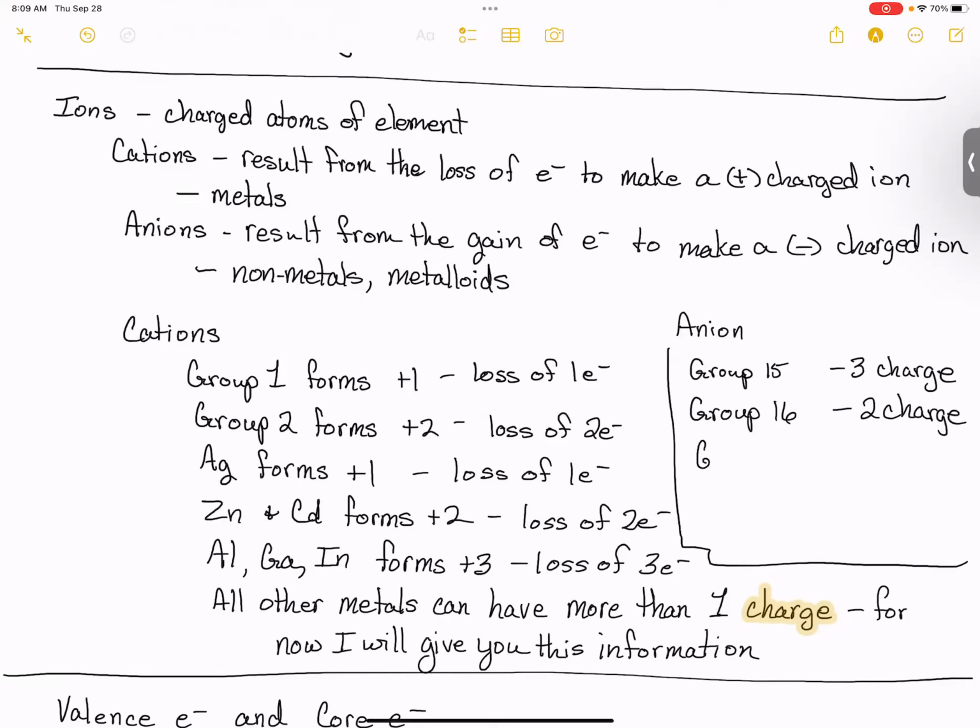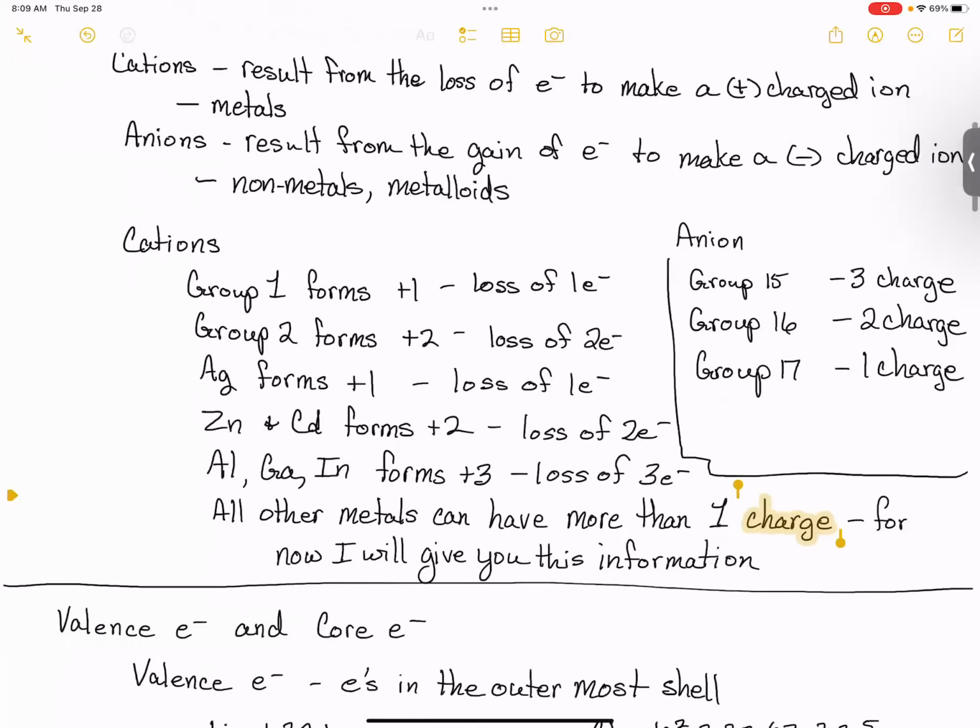And group 17 forms a -1 charge. We are going to find that the charge that they form is directly related to their electronic structure and how many more electrons a subshell can handle before it is full. Questions so far?